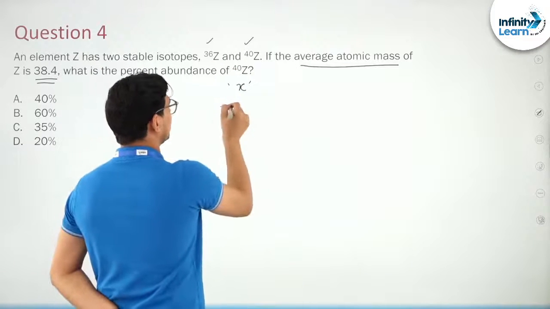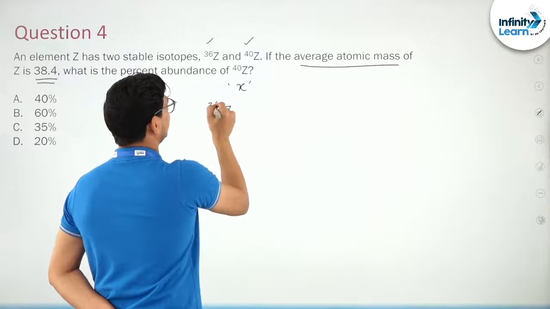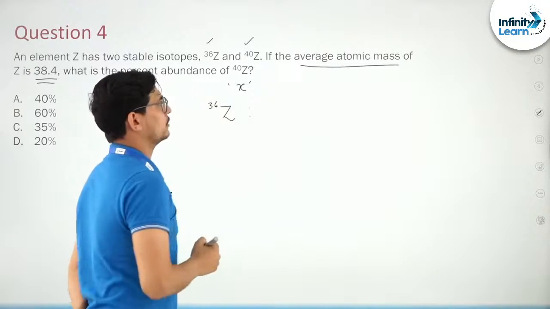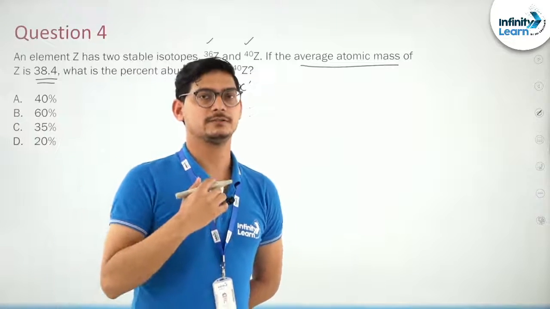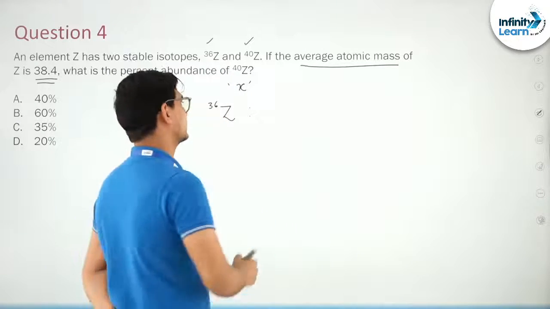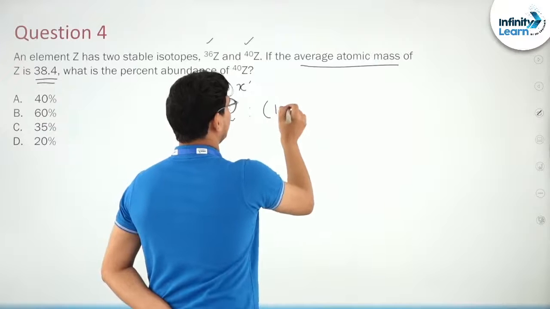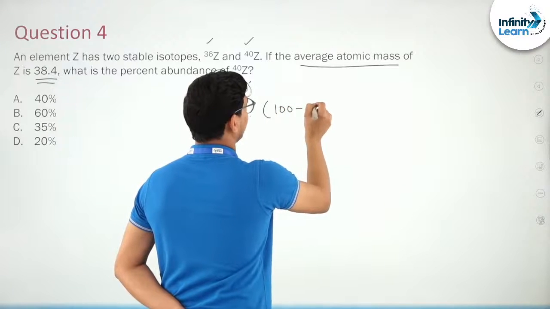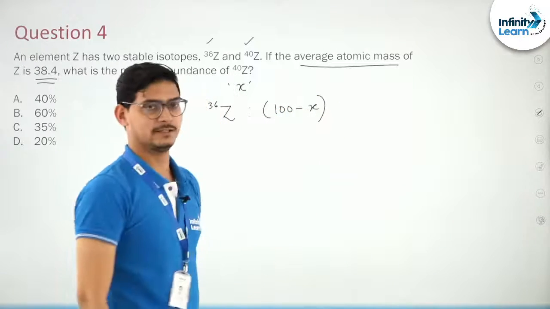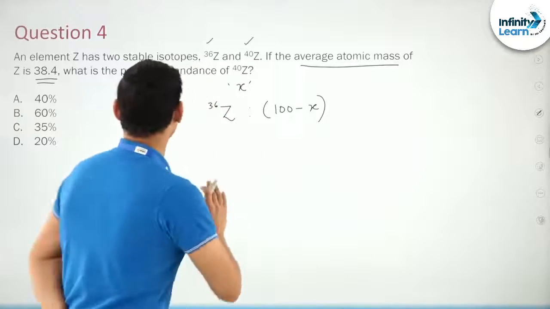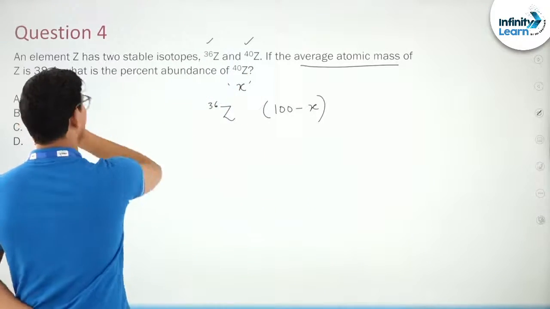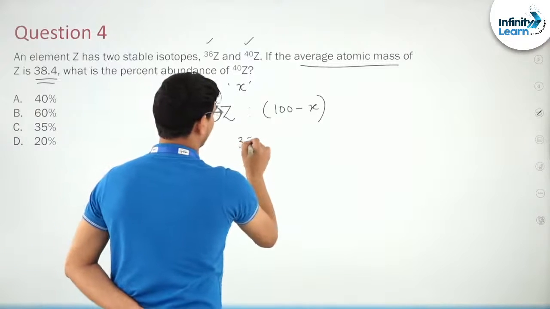Then the percentage abundance of 36Z will be how much? Because we are talking about percentage abundances, the sum will be 100. One of them is x, the other one will be 100 minus x. Is that clear? Now the thing remains to substitute the values. The average atomic mass of the element is given to be 38.4.